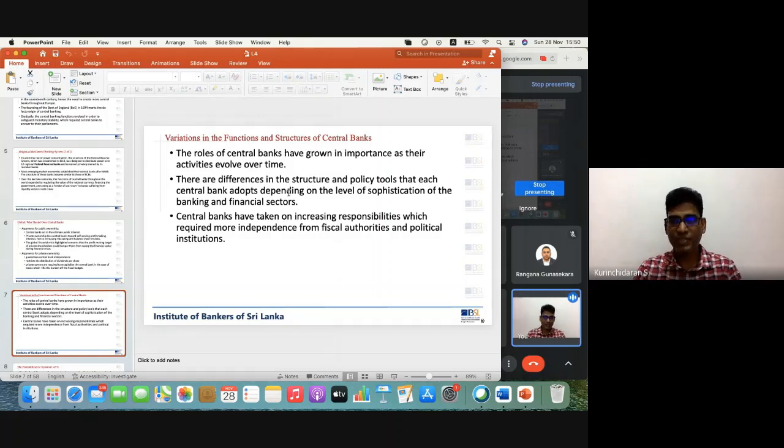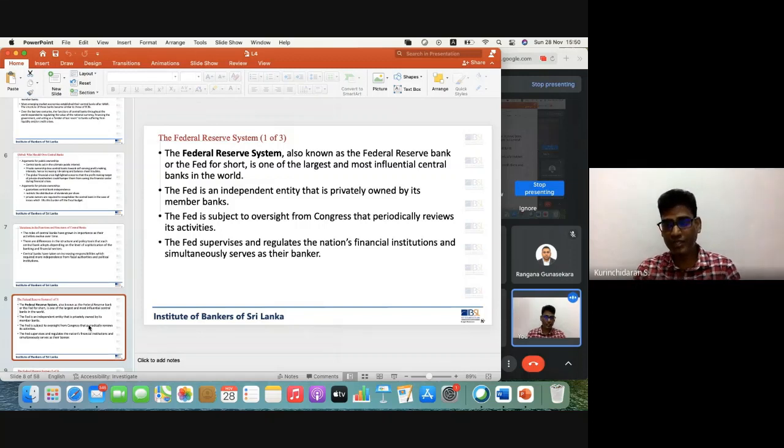It's basically based on the structure of the economy and the sophistication of the financial system. So it's very difficult to compare country to country, but we always go with the Federal Reserve so we can understand the basic principle behind it. I have given some idea about the Federal Reserve also, then you can compare those with the Sri Lankan central bank, right?